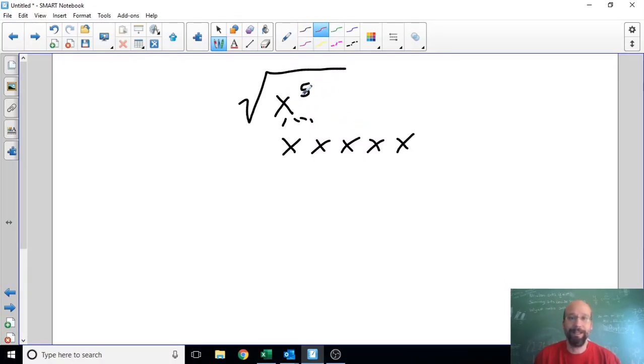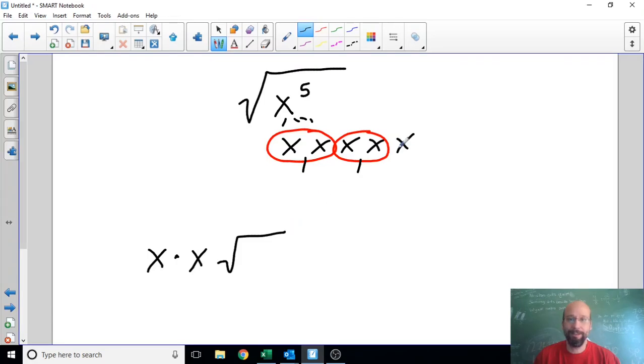So we break that down into 5 x's, and then just like with the numbers, we circle groups of 2 because we're doing the square root. So on the outside, we have this x, and we have another one here on the outside, and on the inside we have 1 left over.